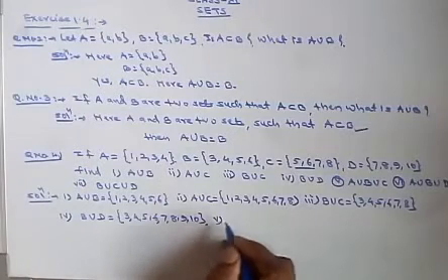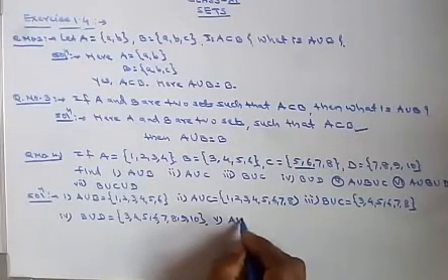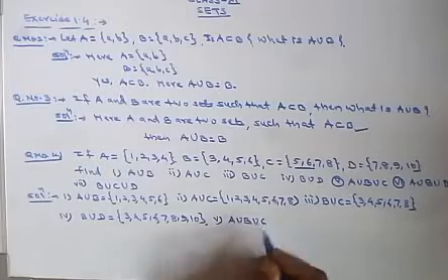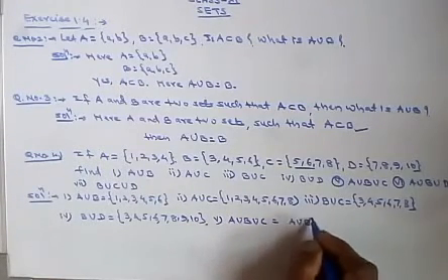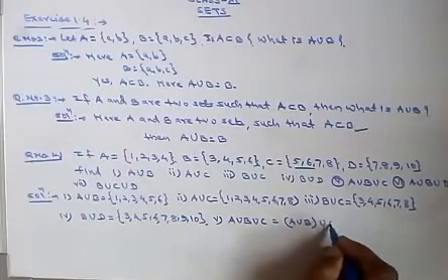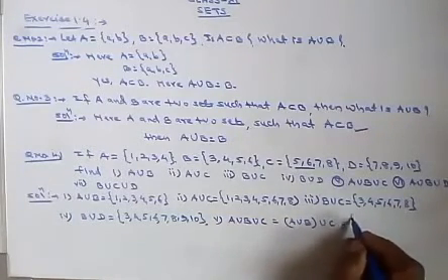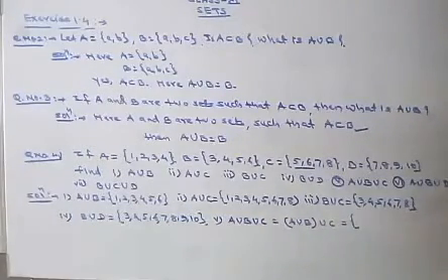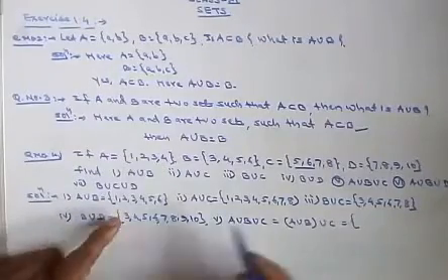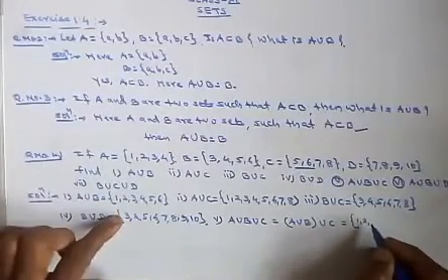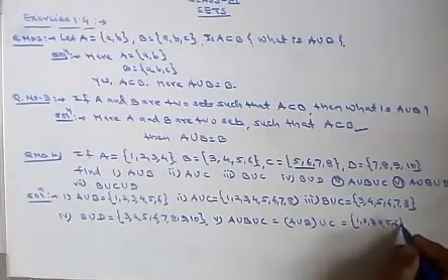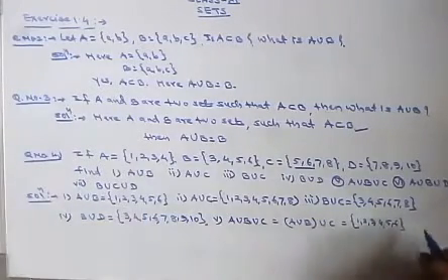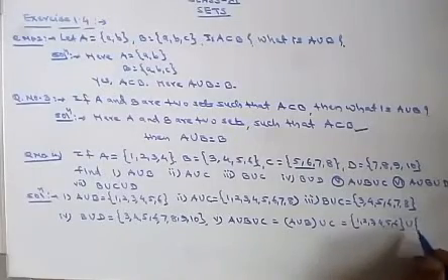Then fifth A union B union C, okay, so let us find out A union B first, then union C. So what is A union B? Just we have calculated, A union B is 1 2 3 4 5 6, union what is C?